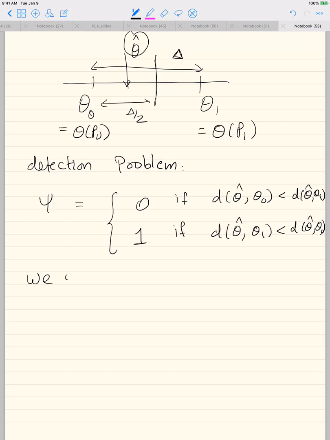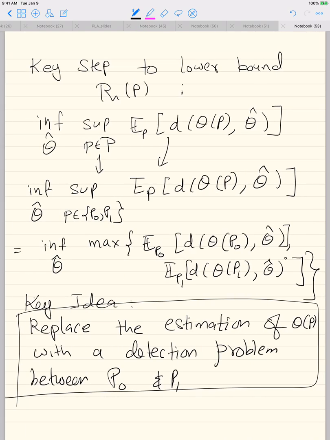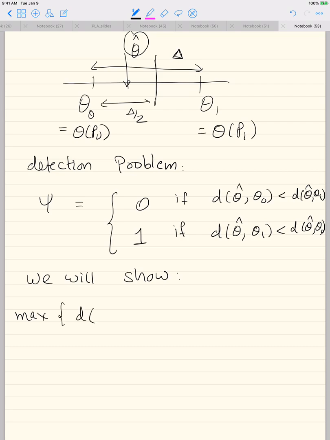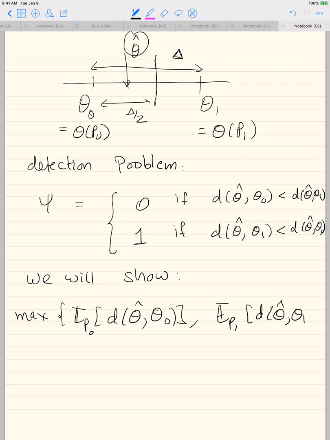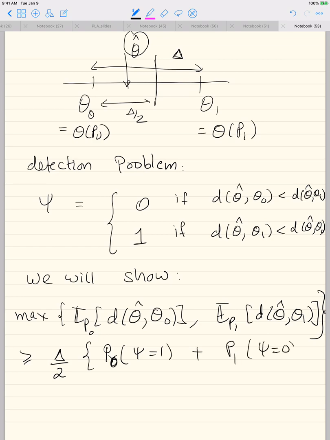Then we will show, next lecture, that the max of E_P0 d(θ̂, θ(P0)) and E_P1 d(θ̂, θ(P1)) is going to be lower bounded by Δ/2 times the probability under P0 that ψ is 1 plus the probability under P1 that ψ is 0.